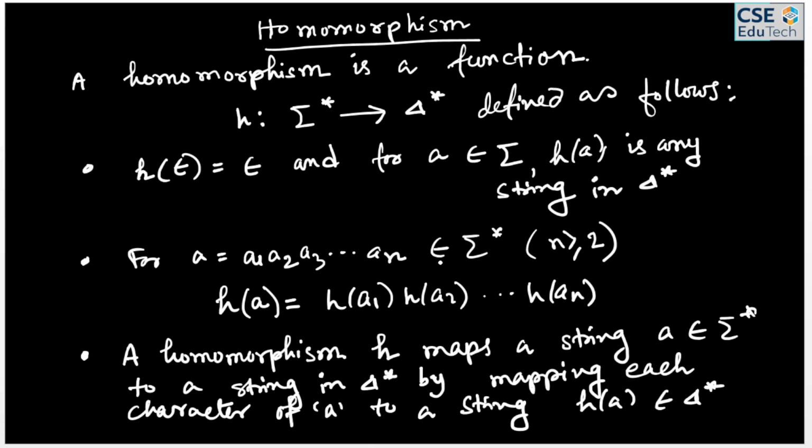That means each character of sigma star will be mapped to a string of symbols taken from delta star.